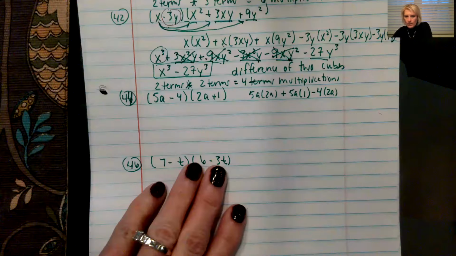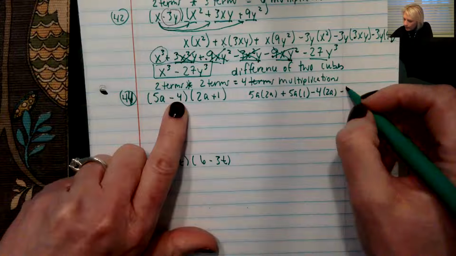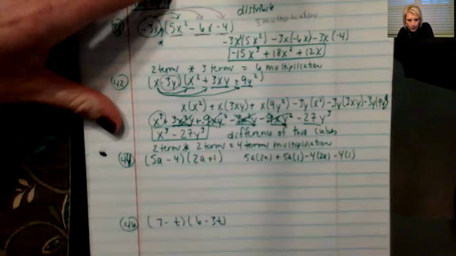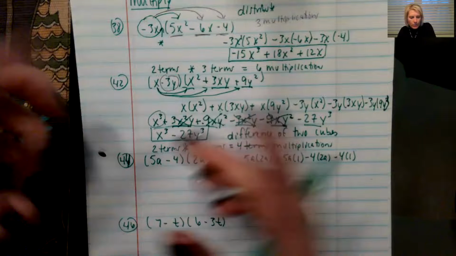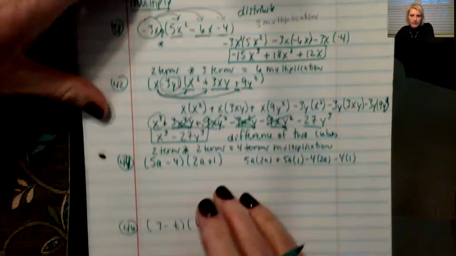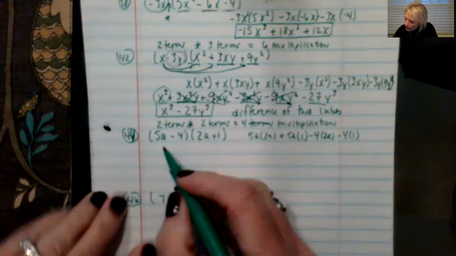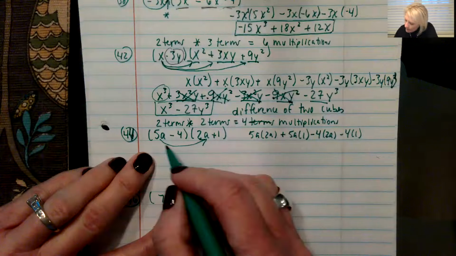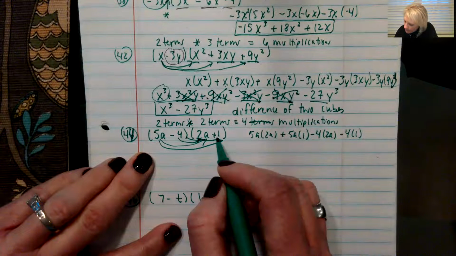So the last is the -4 and the 1s. Now, you can use the FOIL, but it only works when there's 2 terms and 2 terms. So it wouldn't have worked on number 42. So that's why I like to just think of it as distributing using my arrows, but everybody's different. So we did our first, our outsides, our insides, and our last.